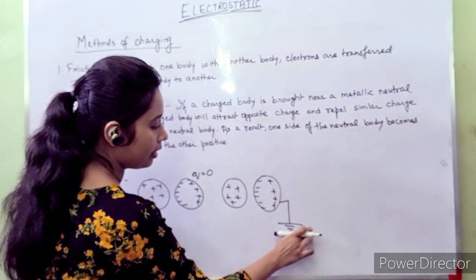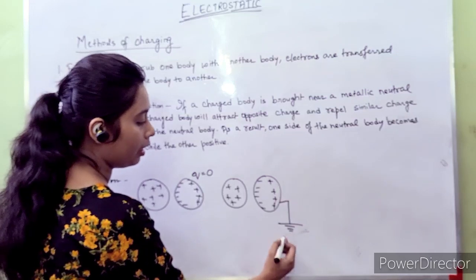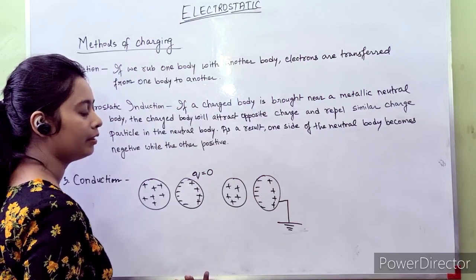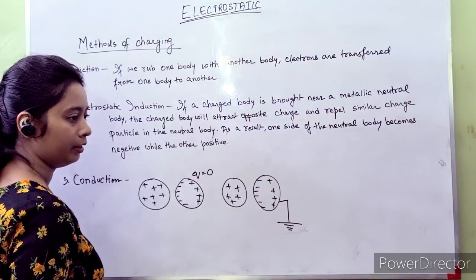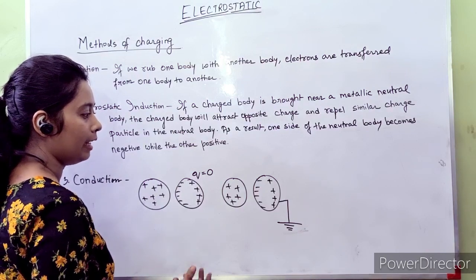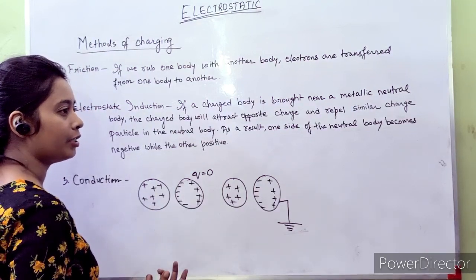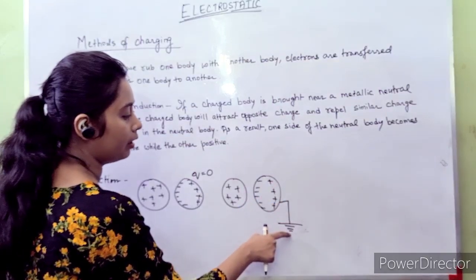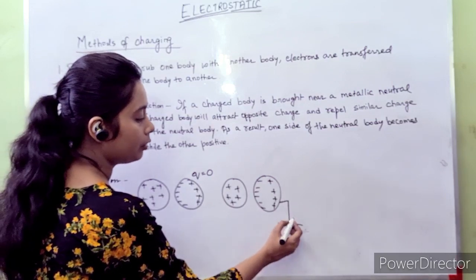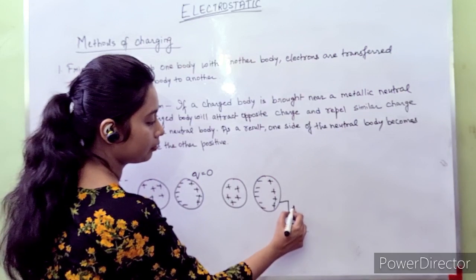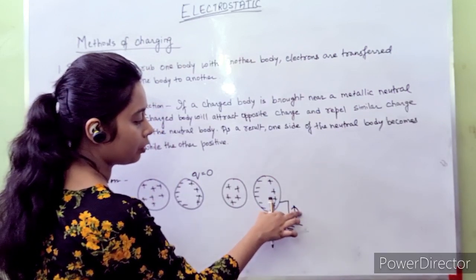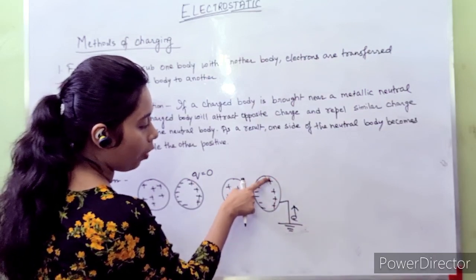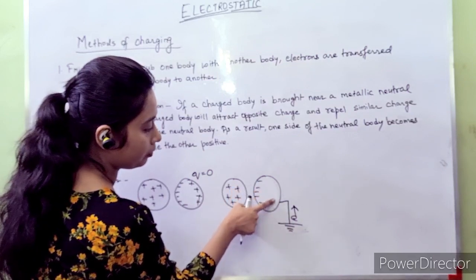The earth is considered a sink. The earth is considered a sink means the earth is always at zero potential, a neutral body. The earth is always neutral. If there are any excess charges, then on joining that part with the earth, the earth will send electrons to that body, and all the electrons will neutralize all the positive charge.